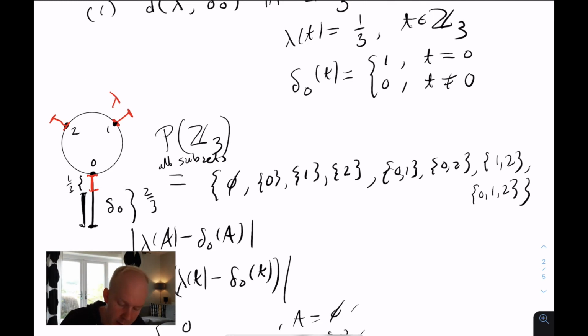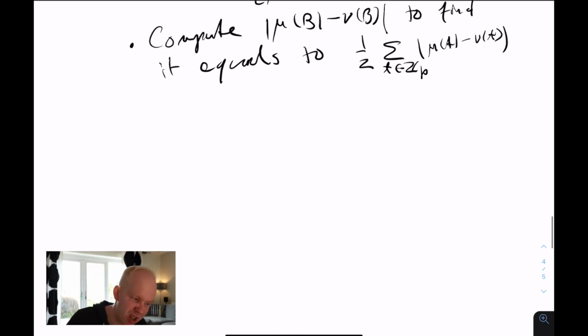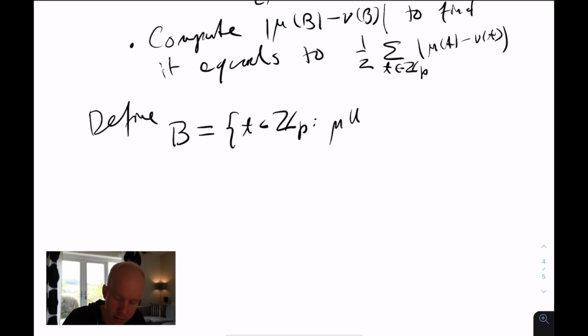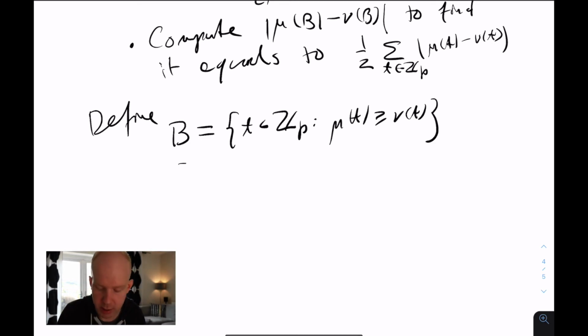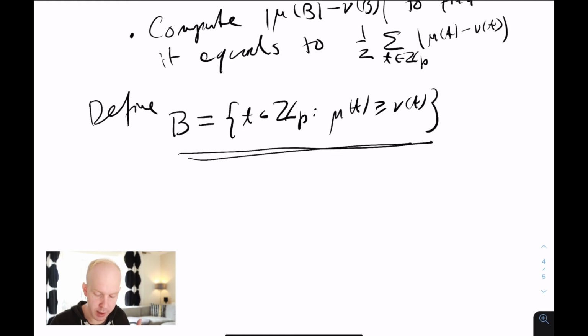So from that heuristic, try this at least. We define B to be equal to the set of points T in Z_p such that mu(T) is at least nu(T). So that's the set that we will consider. It's exactly taking the points where one measure is bigger than the other one, and that's all.